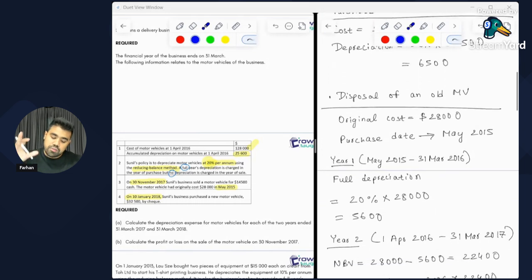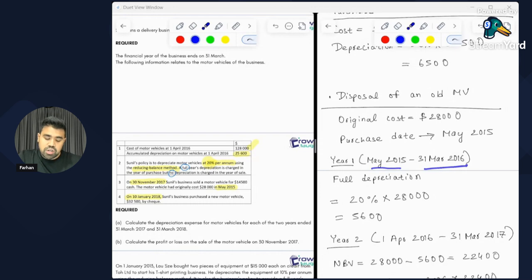All right. So for this motor vehicle which we have disposed of, year 1 would be from May 2015 until 31 March 2016, given that we're working with a business whose financial year ends on 31 March. Regardless of whatever point in time you bought it during the year, we have to apply a full depreciation because of the company's policy.